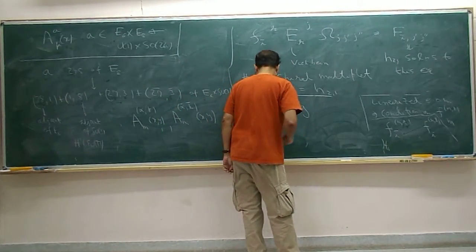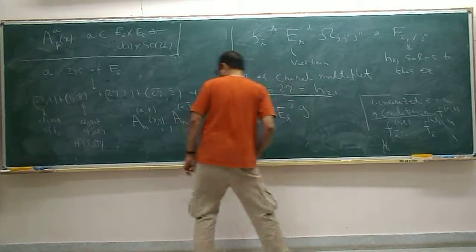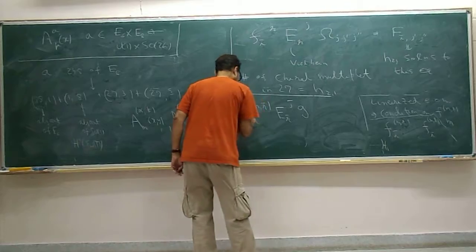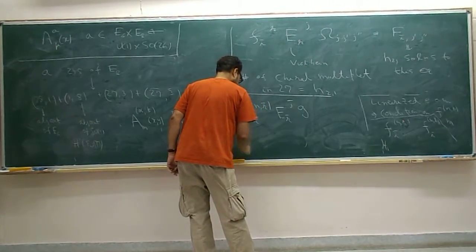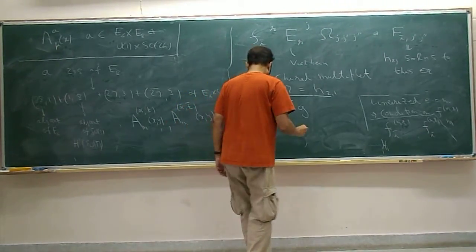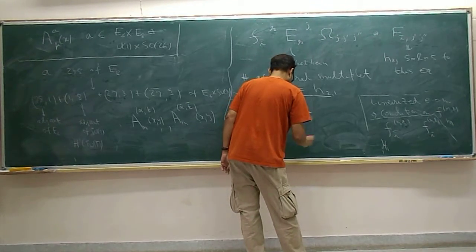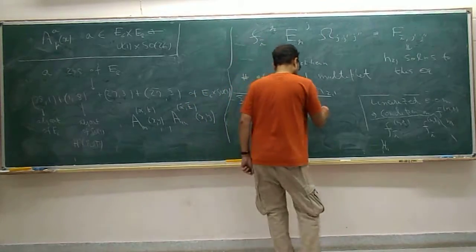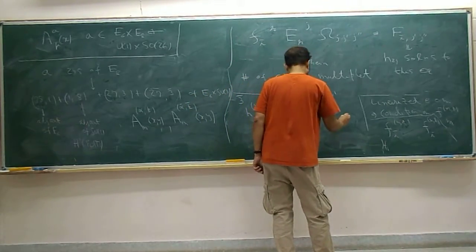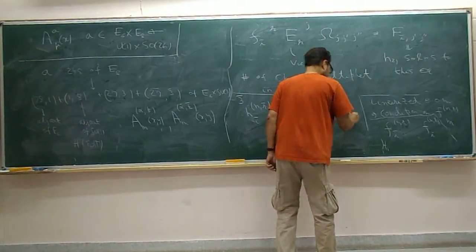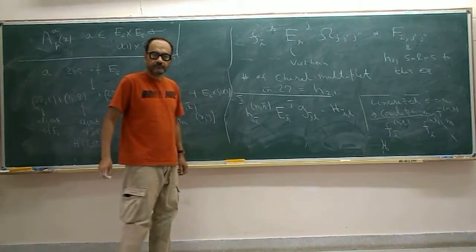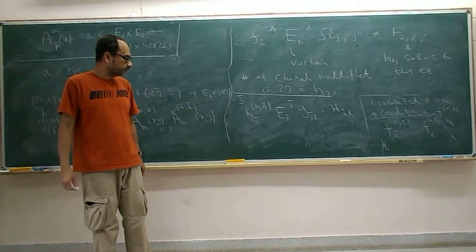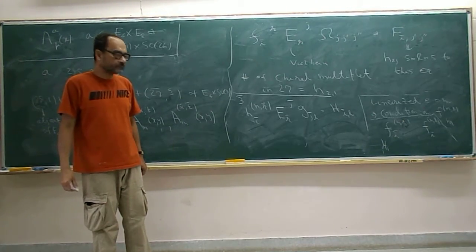Maybe I should call it H. This object is the metric H, G J bar L. So this has the structure of H I bar N. Okay, this is a metric.